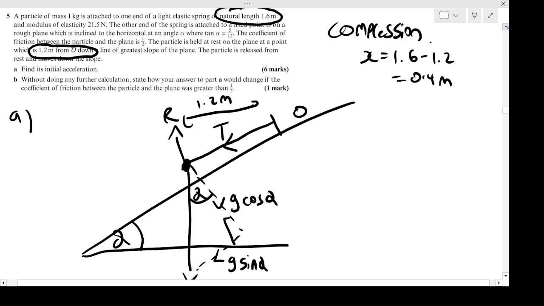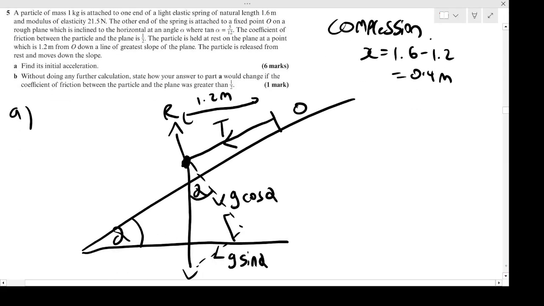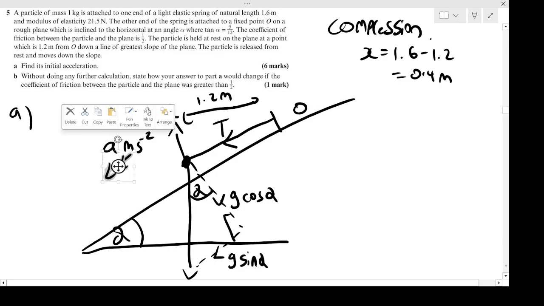Of course, with this question, the key difference with the last one is there's friction involved now. There's friction because it's a rough plane. Rough means there is friction. So where's friction going? Now, this time we know for definite the acceleration is downwards. So the acceleration A is down the surface.